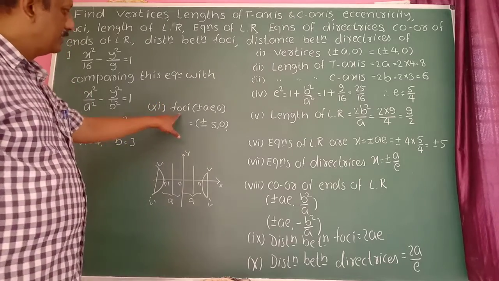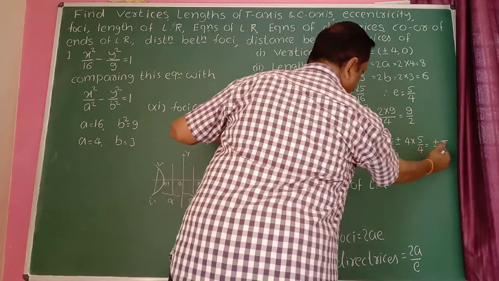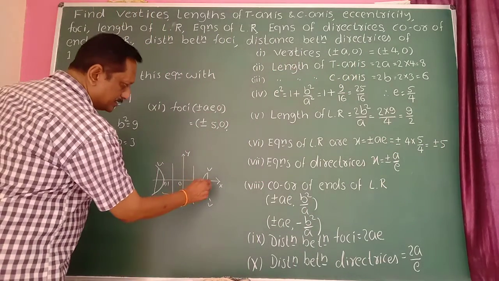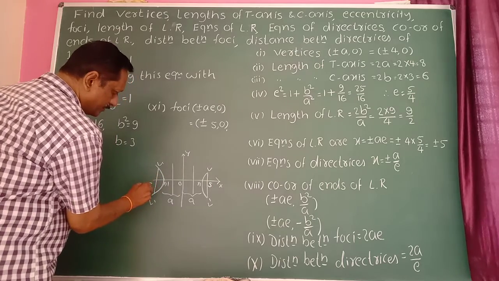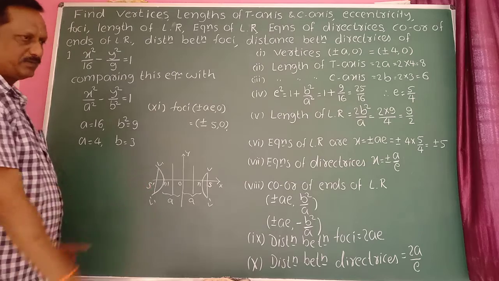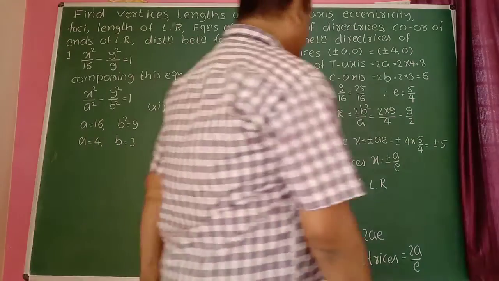So foci are plus or minus a e comma 0, and you know a into e value is 5, so 5 comma 0. S is one focus and S dash is the other focus. Plural is said to be foci. Then equations of directrices here.